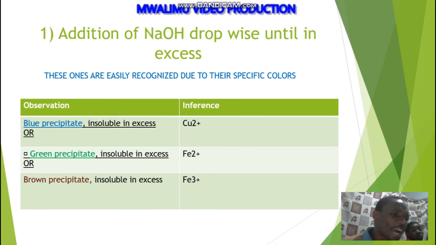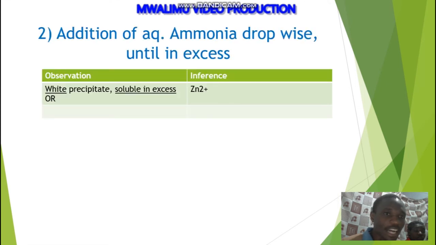Then if you see a brown precipitate insoluble in excess of sodium hydroxide, okay? Brown precipitate insoluble in excess, that will be iron 3 ions present, okay?